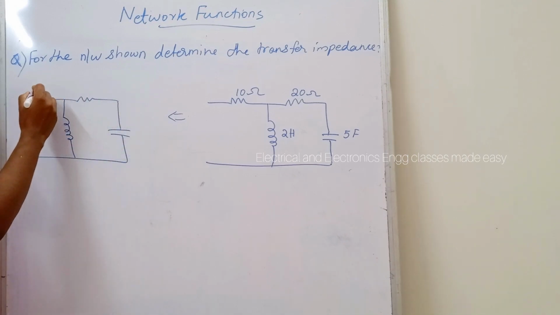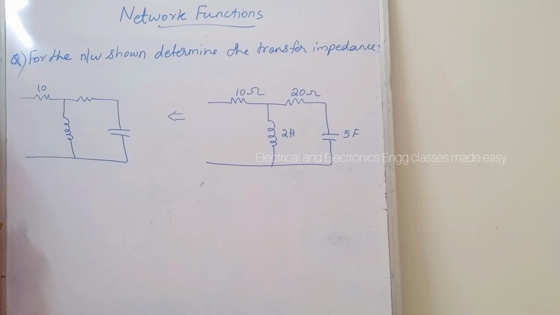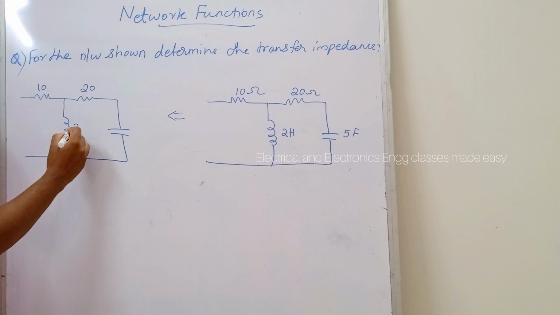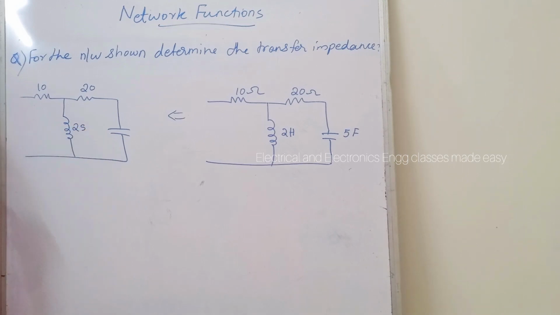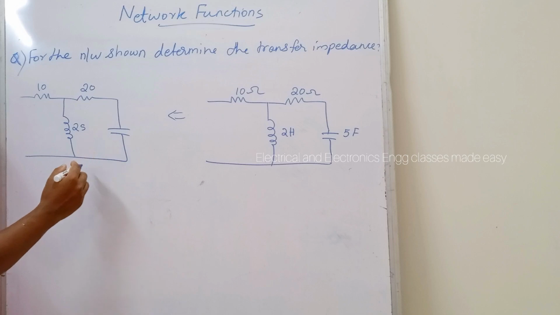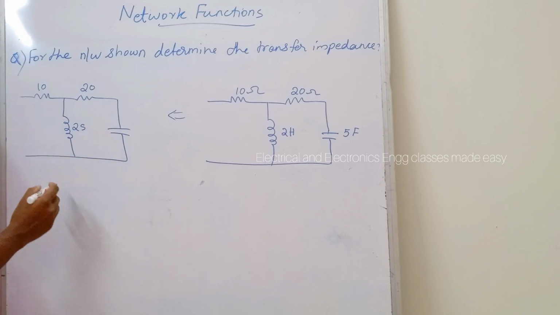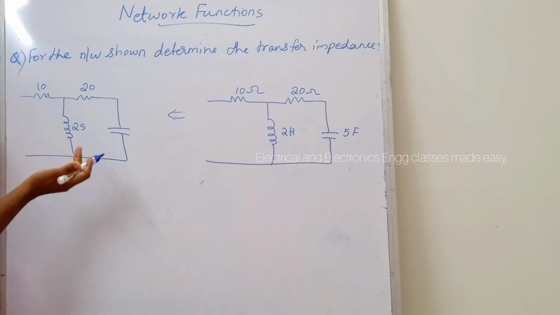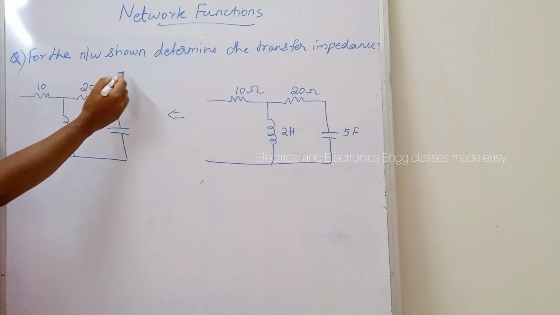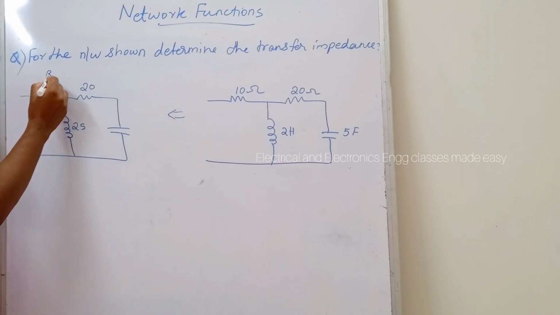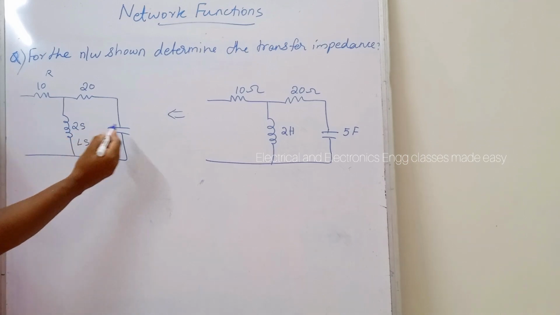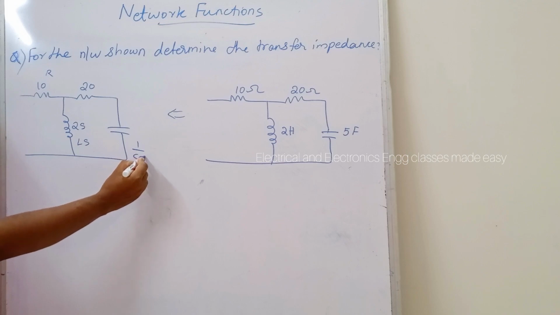So here 10 ohm is 10, then 20 ohm is 20, then 2 Henry will be 2S. Then 5 farad. Capacitor is 1 by Cs and inductor is L into S. We already discussed in the previous class that resistance is converted into value R, inductor is converted into value L into S, and capacitor is converted into the value 1 by Cs.